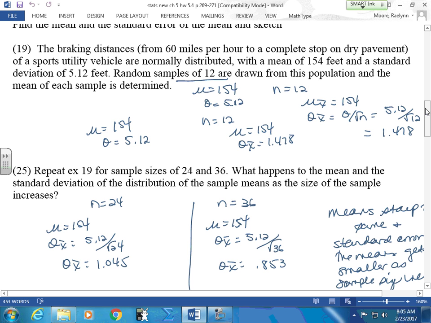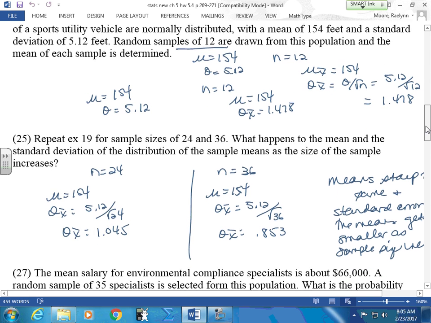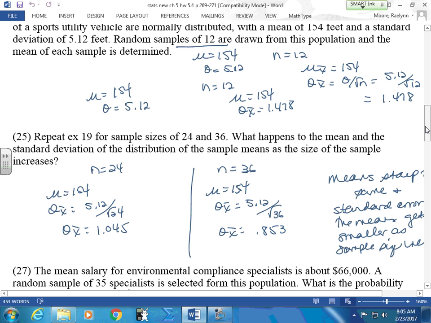So this one, you basically just had to draw a sketch for me and find your new standard deviation. I didn't draw the sketch, so hopefully you guys did. What this shows you too is that your mean is going to stay consistent through all three of these.